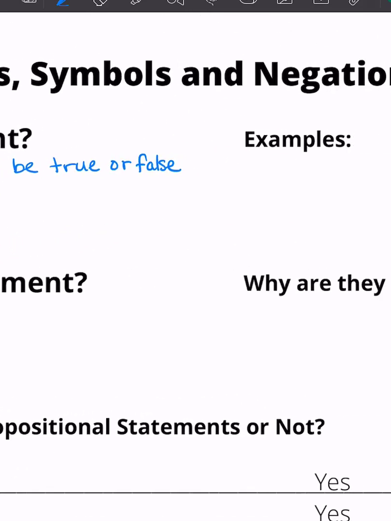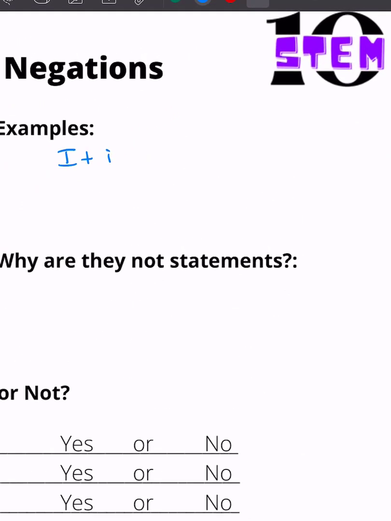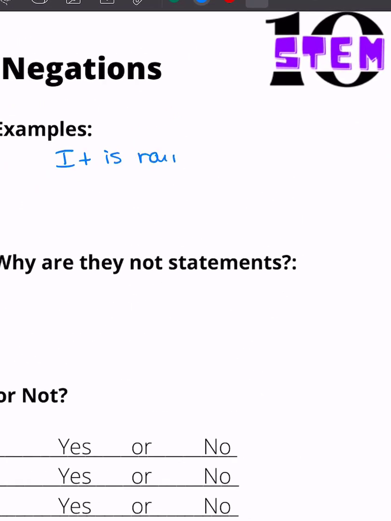So let's take a look at a couple examples. Something as simple as, it is raining. It's a simple sentence. We can look outside and see if it is raining or if it's not raining, so it can be proven to be true.